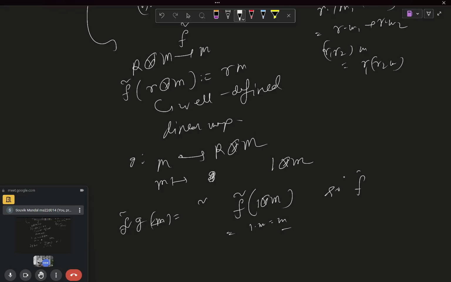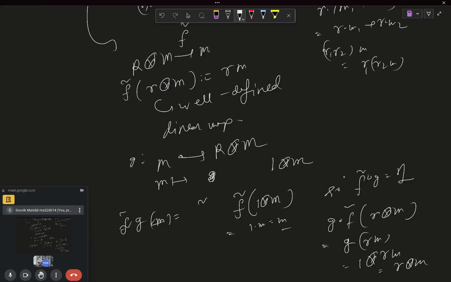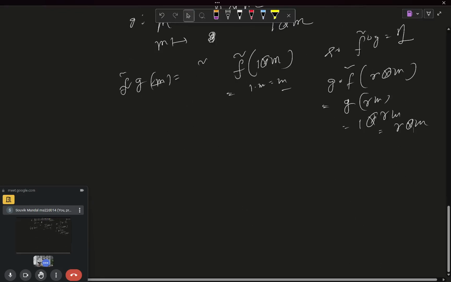So f tilde composed with g is equal to the identity. And now g composed with f tilde of r tensor m is g of rm, which is equal to 1 tensor rm, which is r tensor m by the properties of the tensor product.